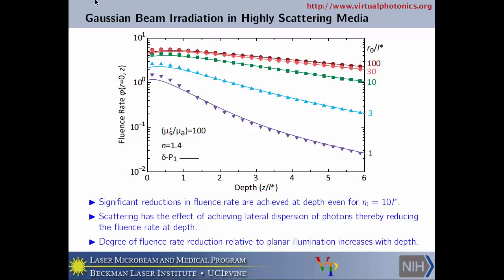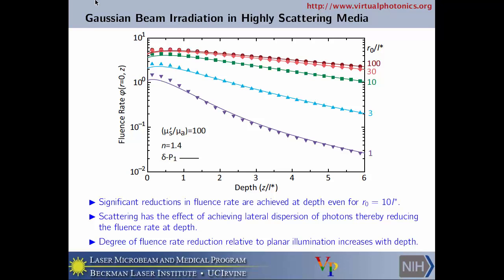This is a diagrammatic explanation of that. Here I'm plotting curves for beams of different radius. At the top, the beam radius is still very large, 100 times the transport mean free path. Transport mean free path tends to be about 1 millimeter in tissues in the near infrared.